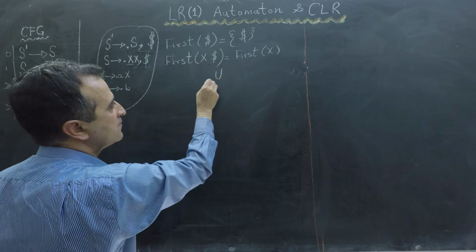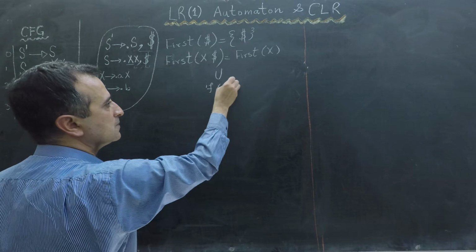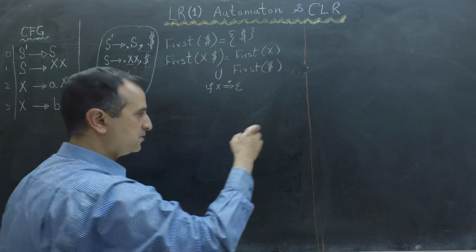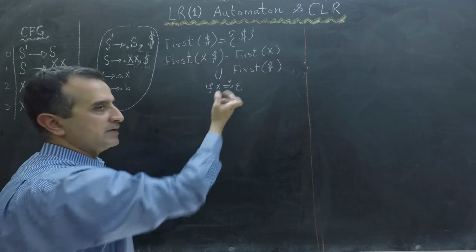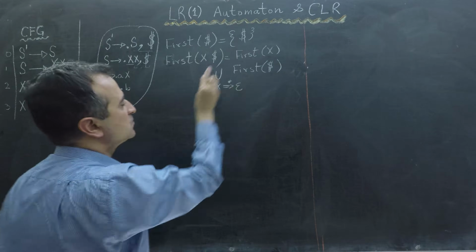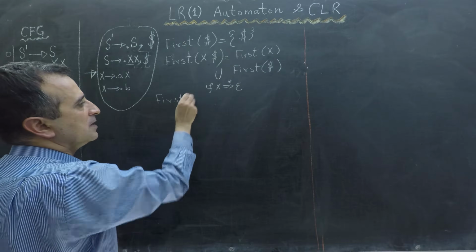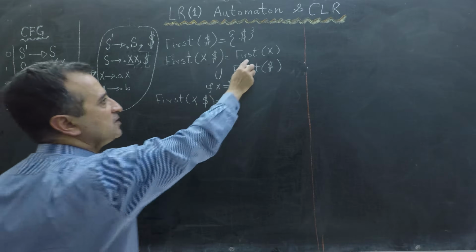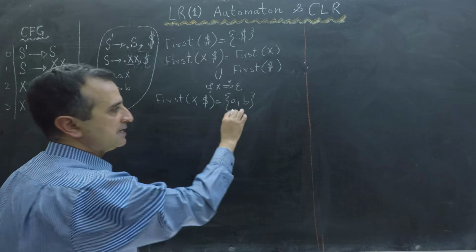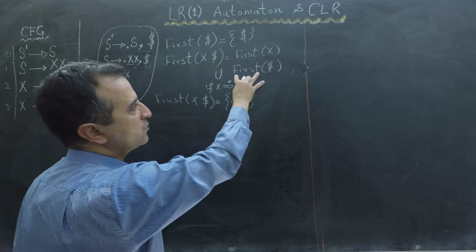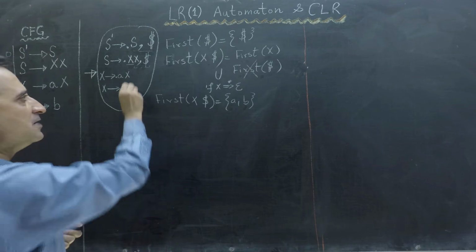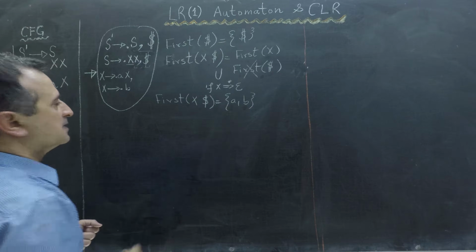We will have a union here if X derives the empty string, and then I will say first of $. So in case first of X has the empty string, then I also have to include first of $. Otherwise, I don't have to compute first of $. So in this case, first of X is equal to a comma b, and because this set does not have the empty string in it, I don't have to compute first of $. So that's my answer of first of X and $. I will add here these terminals as my look ahead.